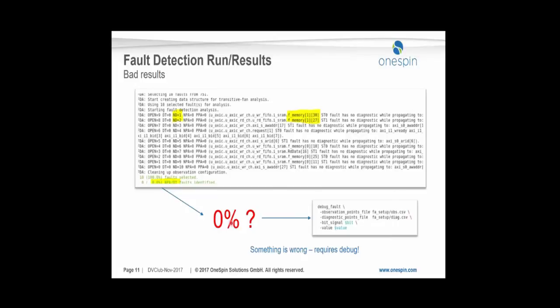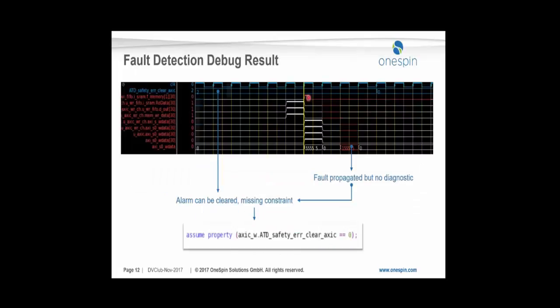And now you can see nicely how this fault is actually propagating through the design and eventually reaches an output port, an observation point. And we have seen no diagnostic, which is confirmed by this waveform.